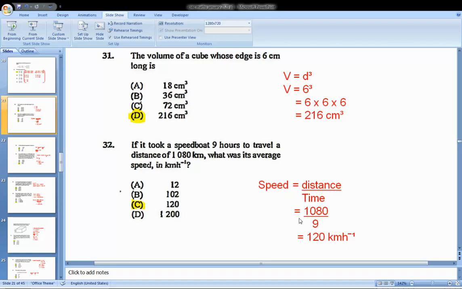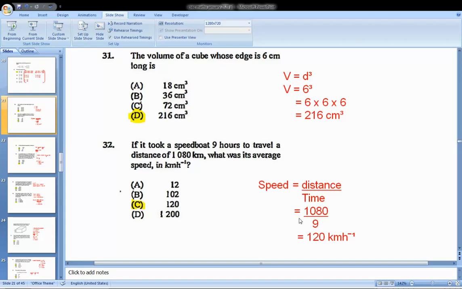Number 32 says, if it took a speedboat 9 hours to travel a distance of 1,080 kilometers, what was its average speed in kilometers per hour? Now, we know that the formula for speed is equal to distance over time, d over t.